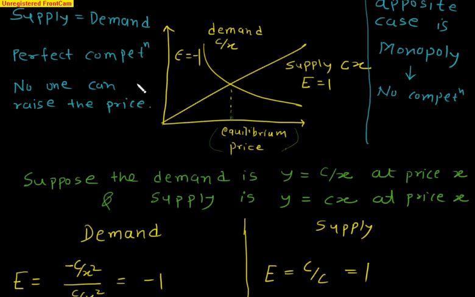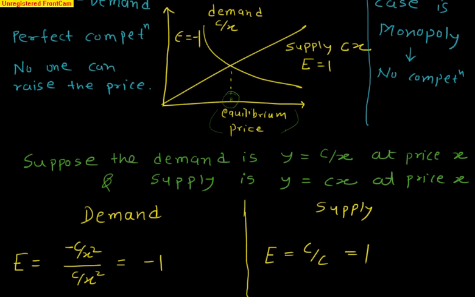In case of supply equal to demand, if everyone fixes this price, then there will be perfect competition. No one can raise the price. If someone tries to raise the price of the product, the customer will move to another supplier.